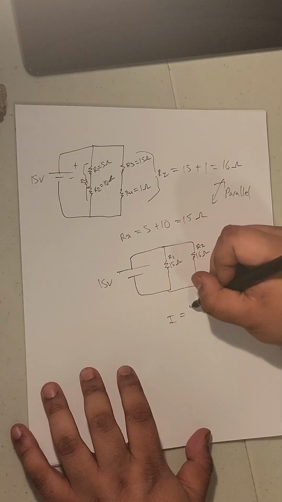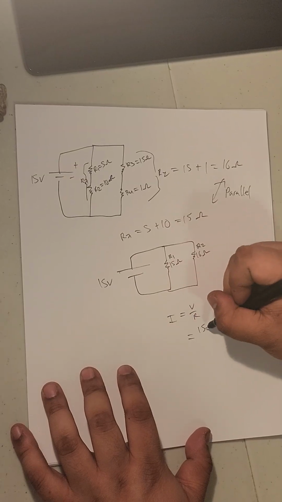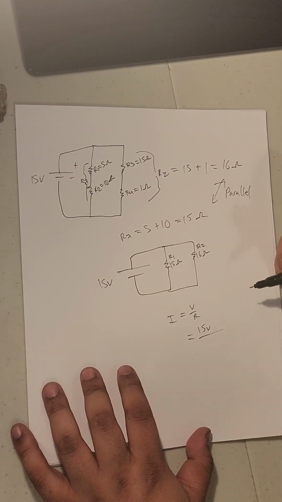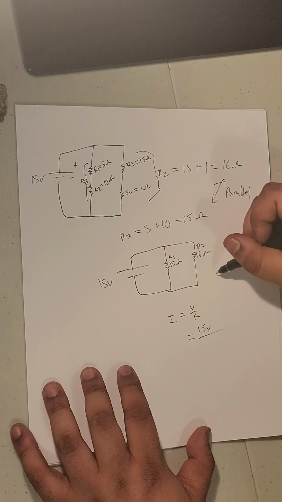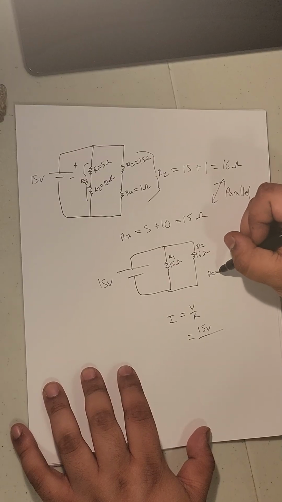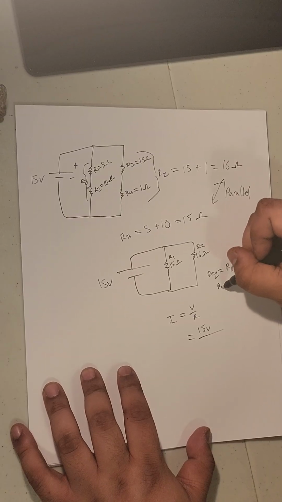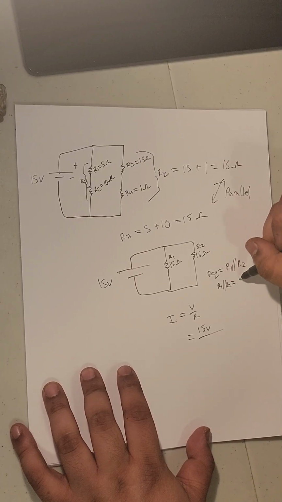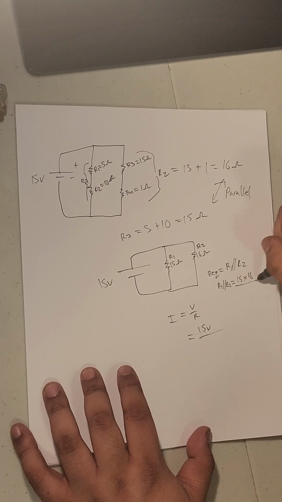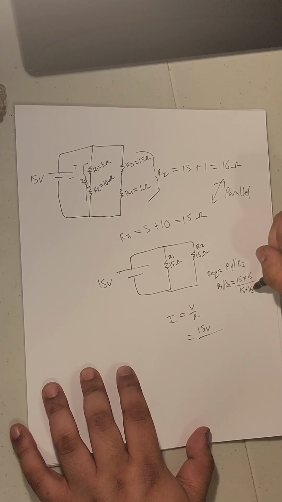We can solve for the current. V divided by R is equal to 15 volts divided by these two guys in parallel. So let's find the R equivalent right here. R1 in parallel with R2 is simply 15 times 16 divided by 15 plus 16.